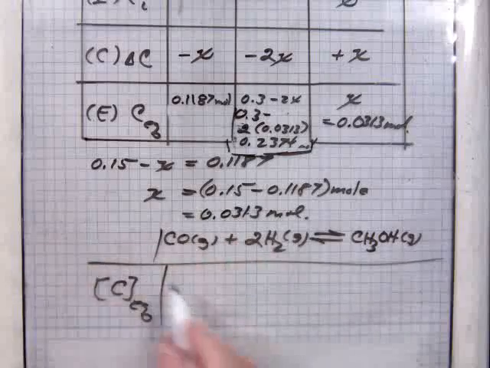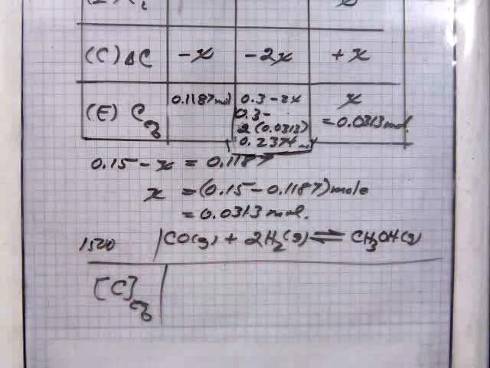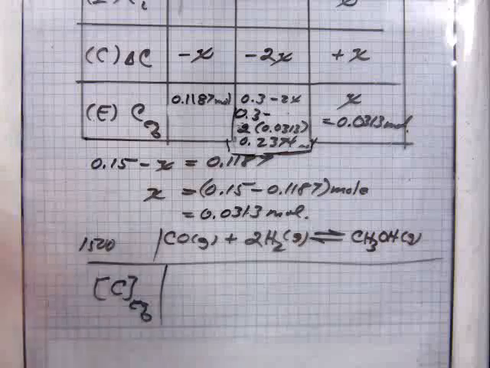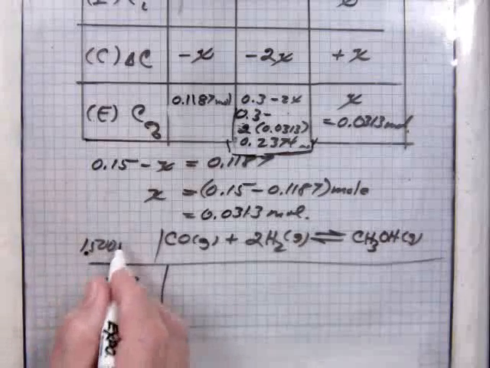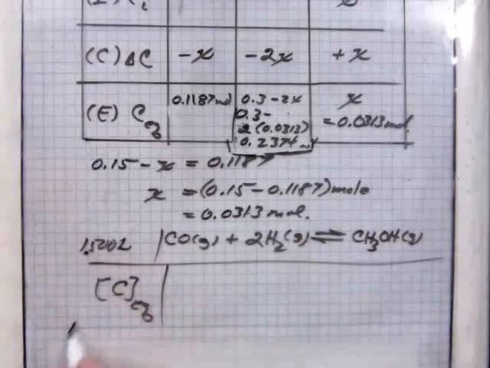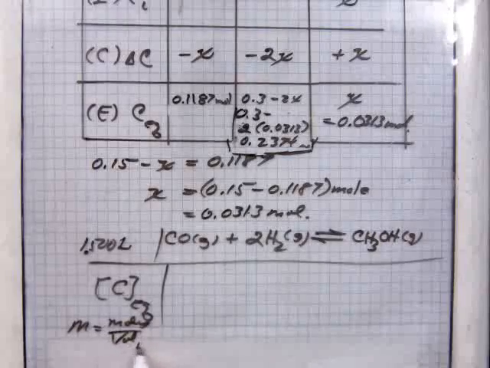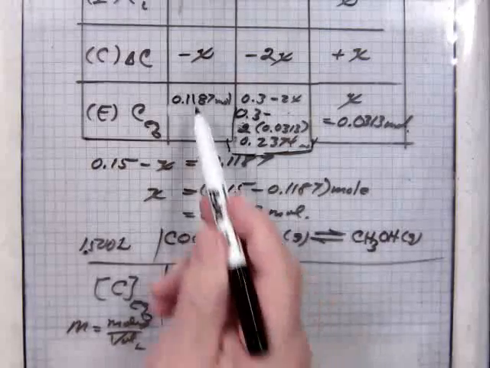Now, they gave us 1,500 milliliters, or liters? I think it's milliliters. No, it's 1,500 mL, but it is 1.5 liters. Well, we know molarity is moles over volume in liters, so we know what our moles are.